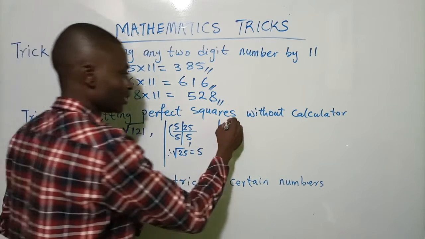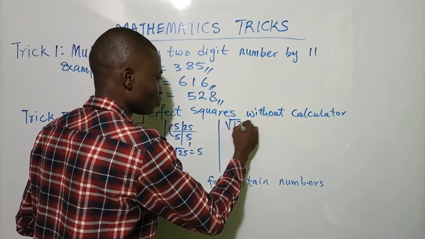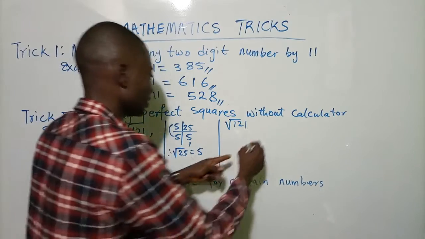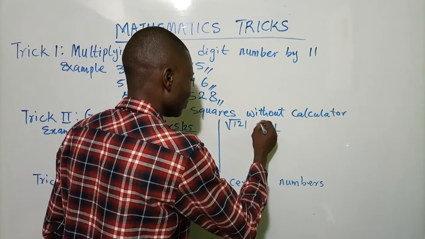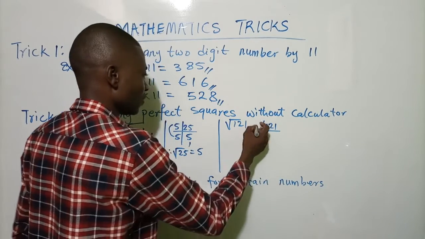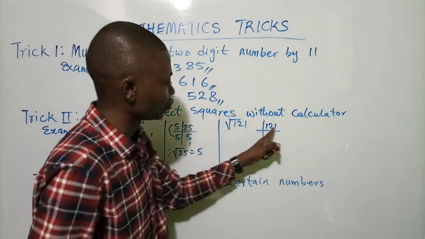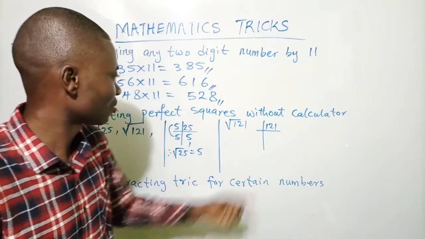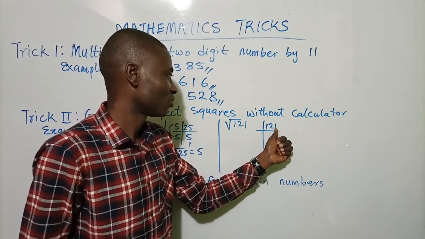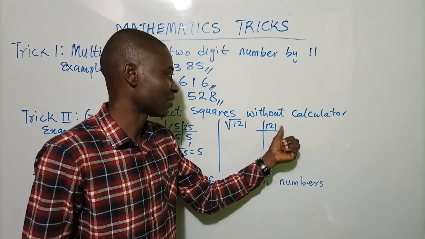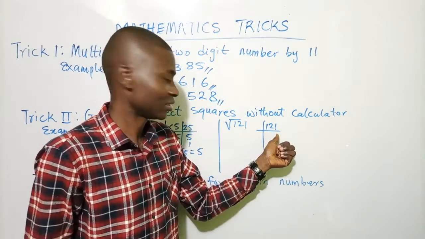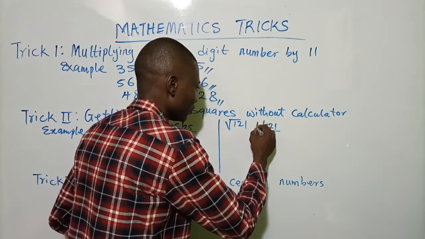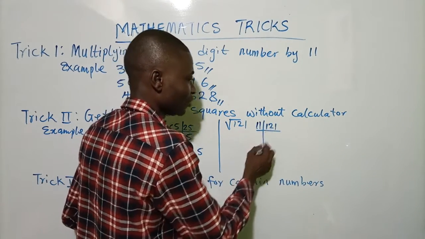The same thing applies again for 121. We look at the number. Can 2 divide this number? No. Can 3 divide? No. Even 5 cannot divide, 7 cannot divide it. So the next number that can divide this is 11.